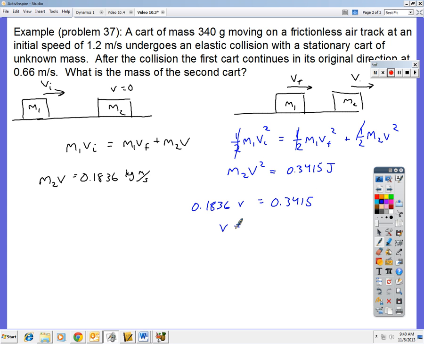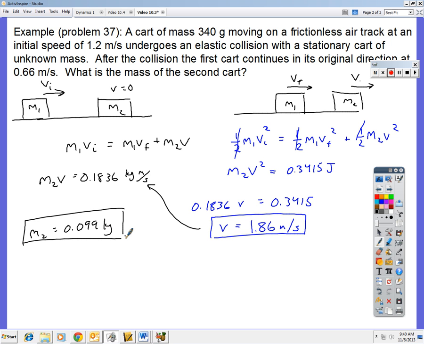And then we find the velocity of the second cart is 1.86 meters per second. That's the answer to part B, which is on the next slide, but we can get it at this point. And then we'll substitute that back into this equation and find that m2 equals 0.099 kilograms, or 99 grams.